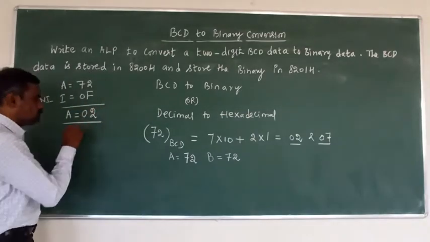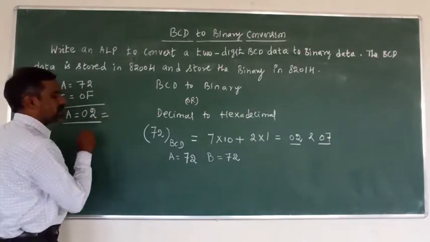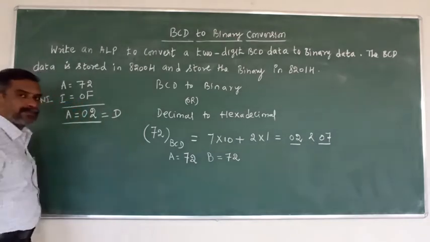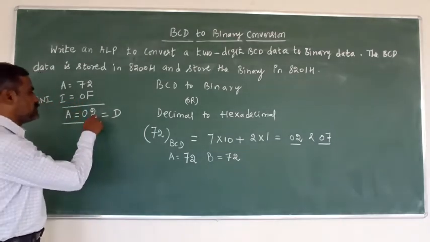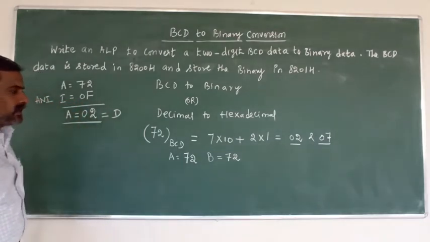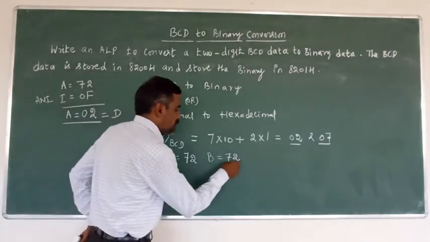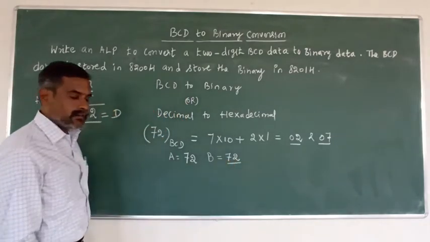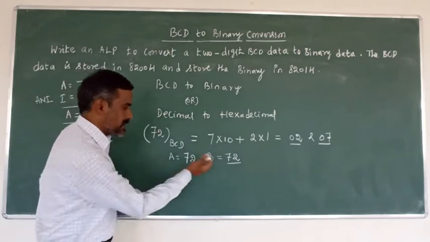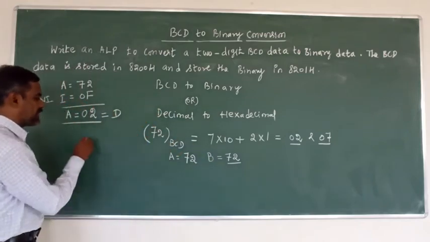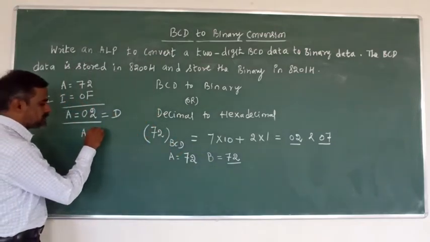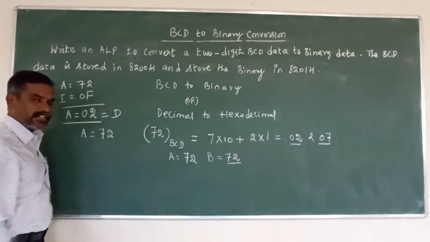Now the 02 we can move into some other register, suppose D: move D, A. After that, to get the same data in B register, the D register data we can move again into A register. Now A equals 72.